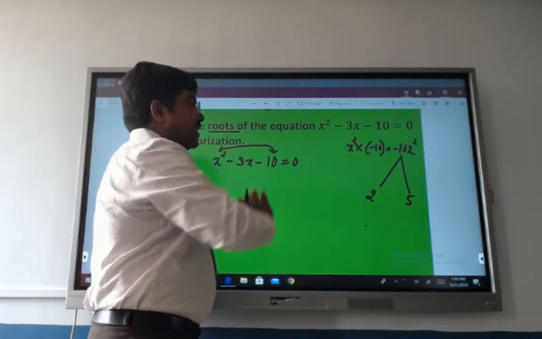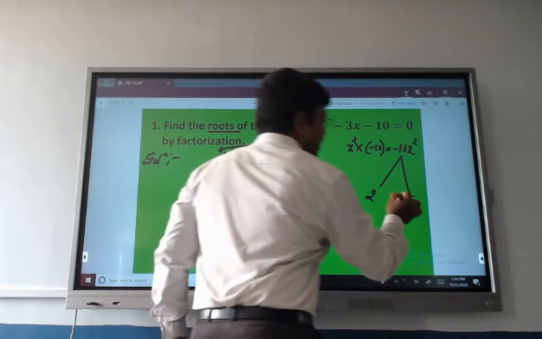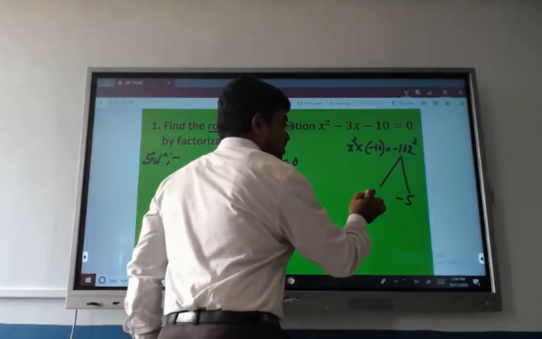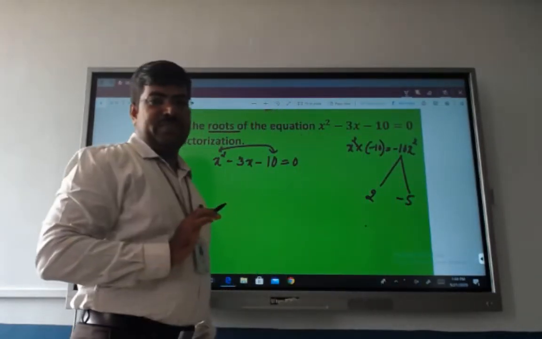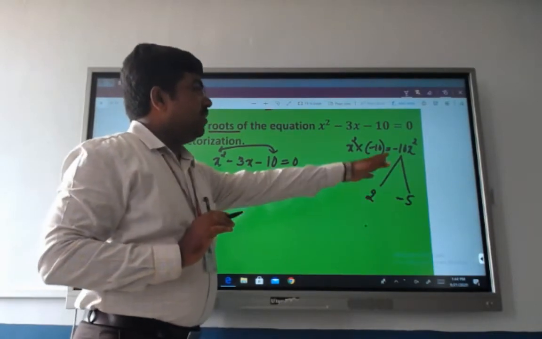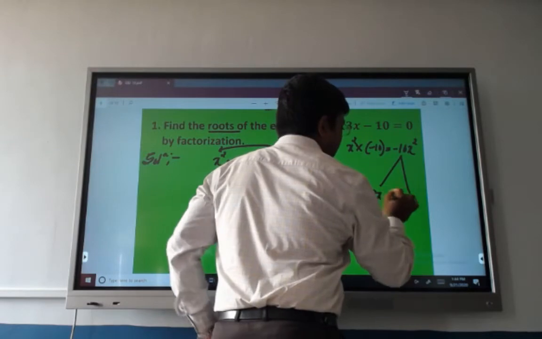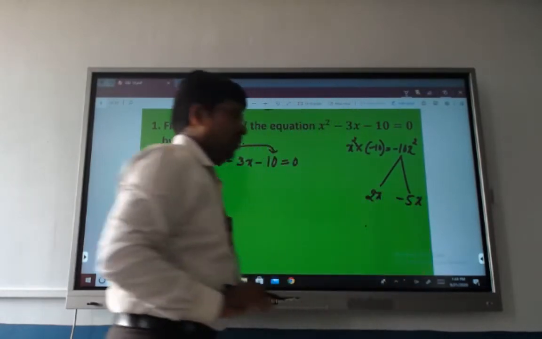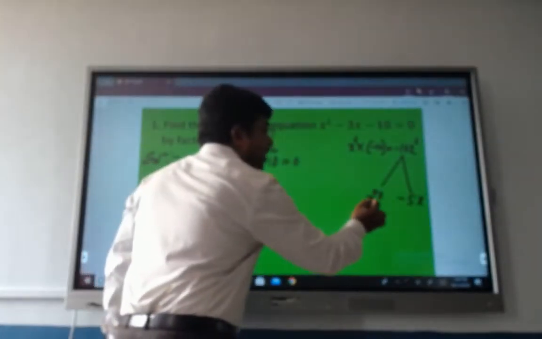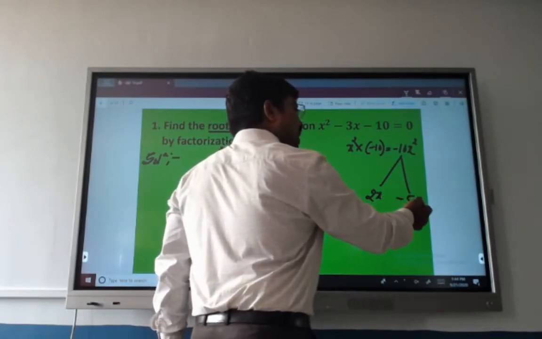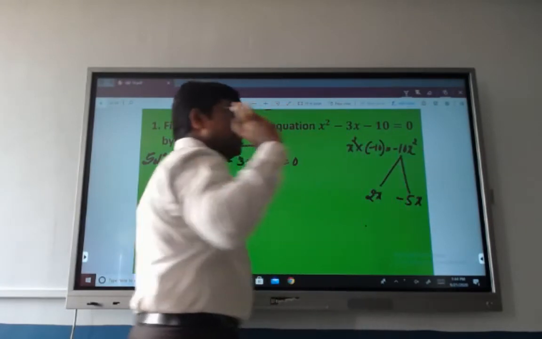But we want minus 10. Then which one do we take minus? The bigger one, we will take minus. Now see, 2 into minus 5 we will get minus 10. Here x square is there. Here also x, here also x. So this is plus 2x into minus 5x, we will get minus 10x square.